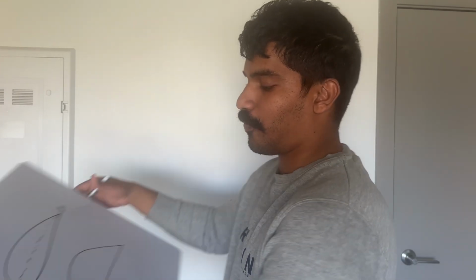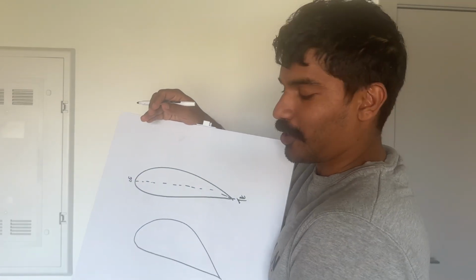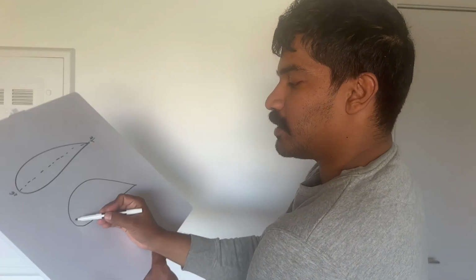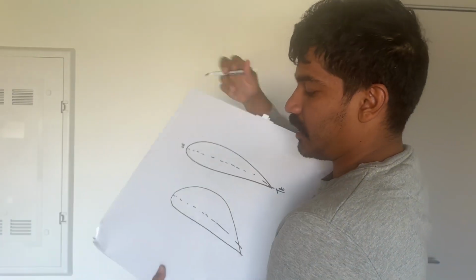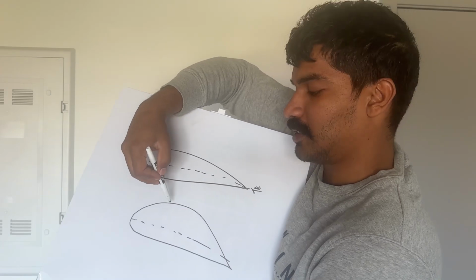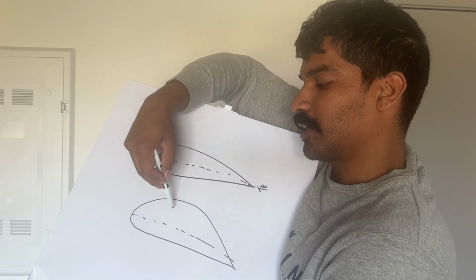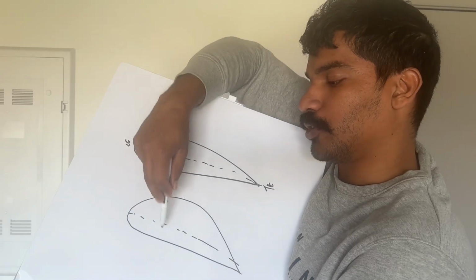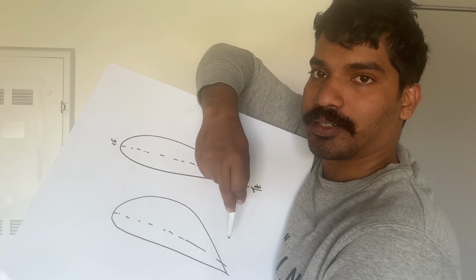Now let me draw a thick aerofoil like this. Of course, there won't be such a thick aerofoil, but there can be. Now let's say I draw a line like this, joining the leading edge and the trailing edge. This is an asymmetrical aerofoil, right? This is not dividing the aerofoil into two equal halves, but this is the chord line, which is from the leading edge to the trailing edge.